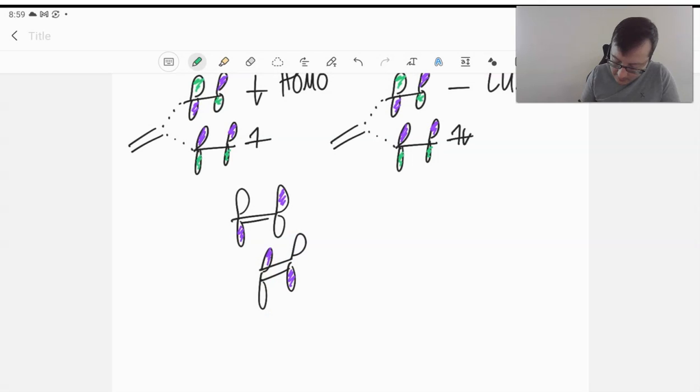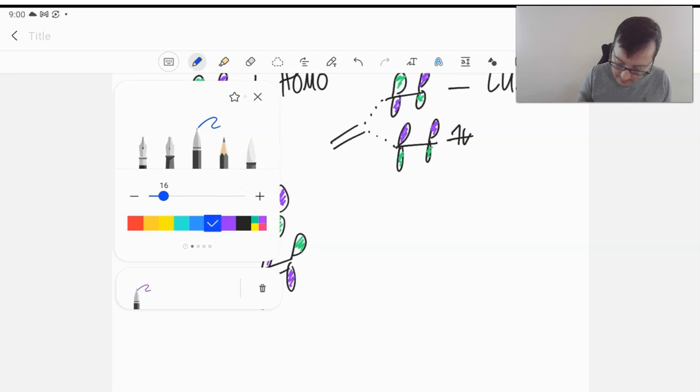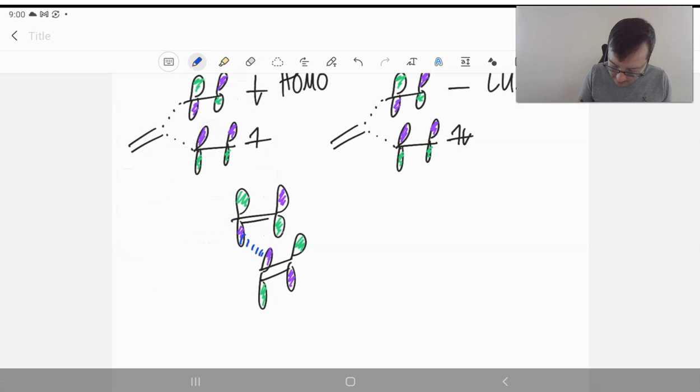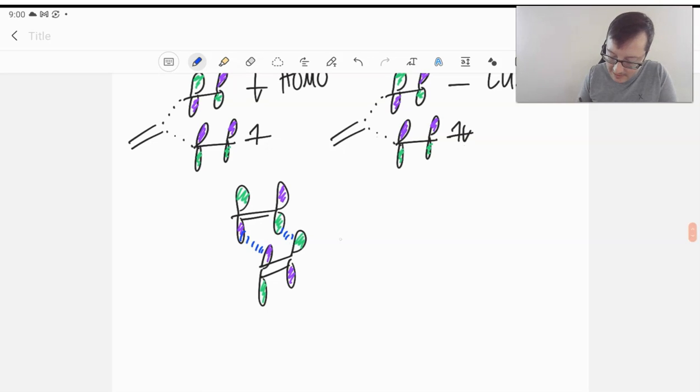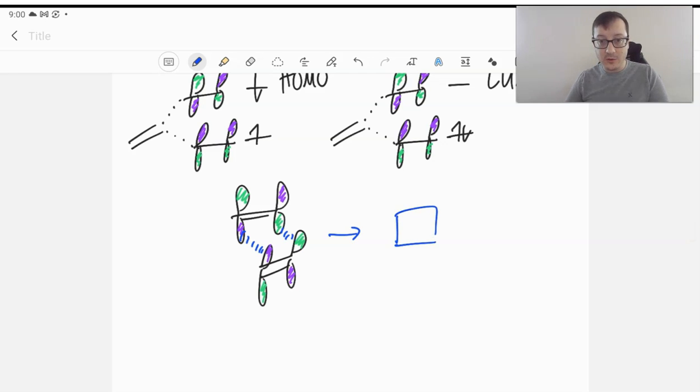Normally we can't, of course, react LUMO and LUMO together because there's no electrons there. However, if we promote an electron up to what used to be the LUMO, it is no longer a LUMO, and now we can react it. And so now we see happy overlap between those two, thereby allowing us to cyclize our molecule.